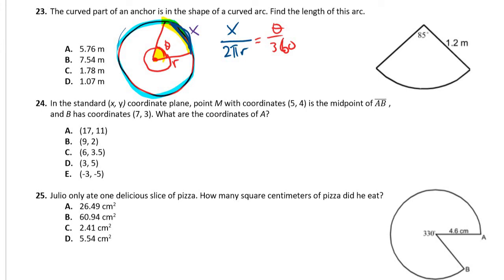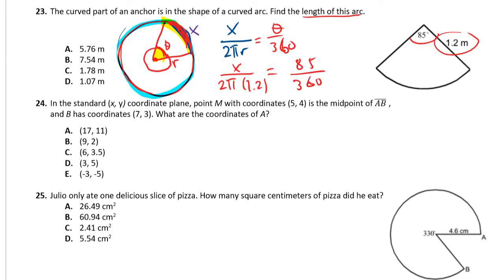It says the arc length, the length of this arc. You take the small one that you don't know, compare it to everything. So this is x compared to 2 pi r. Here, our r is 1.2. So it's 2 pi times 1.2 equals, the theta is given to you as 85, divided by the 360 degrees, everything, okay?